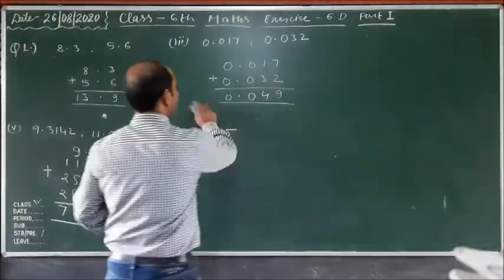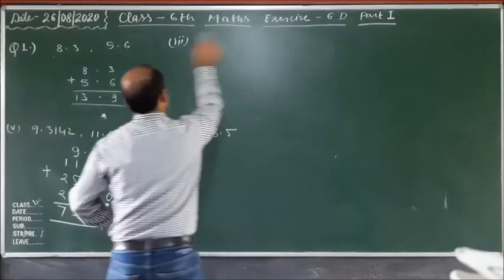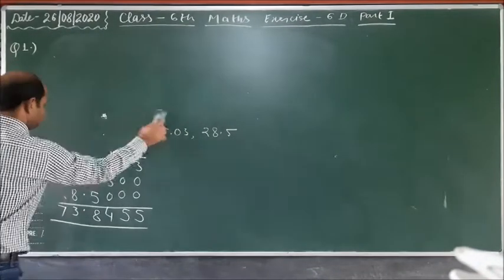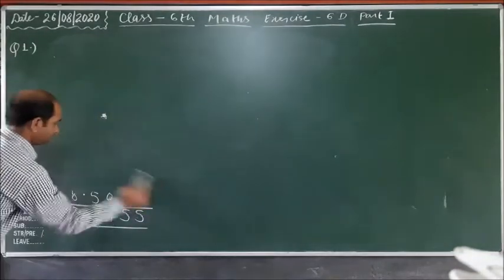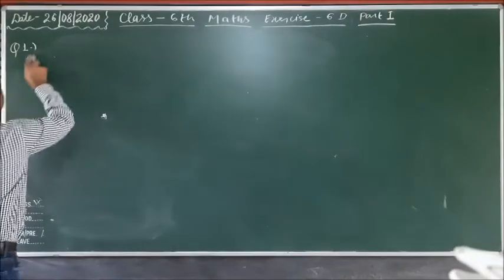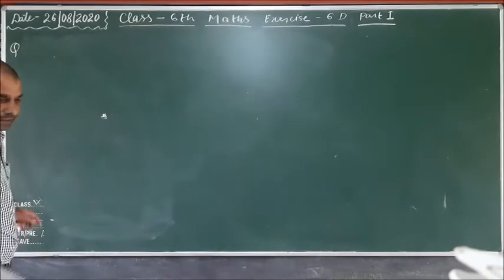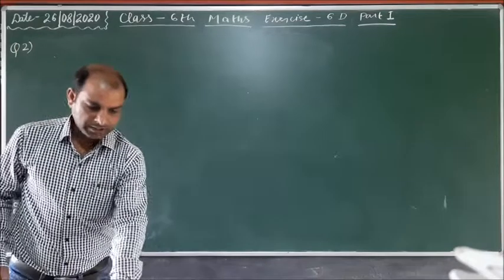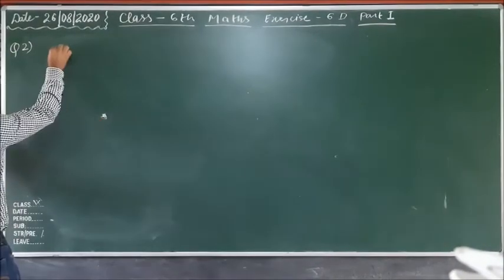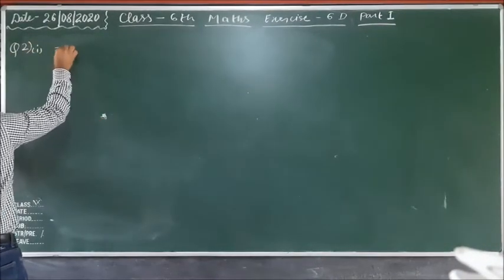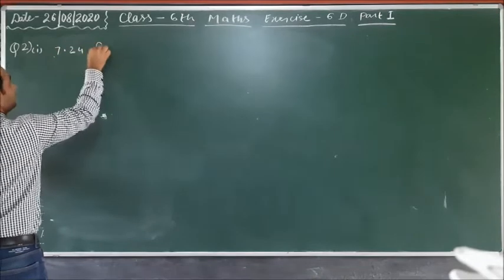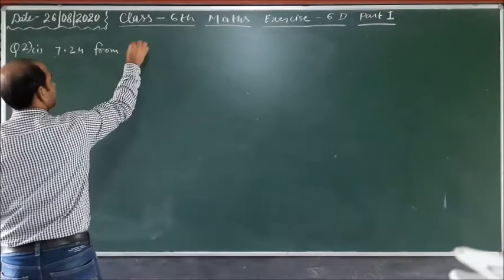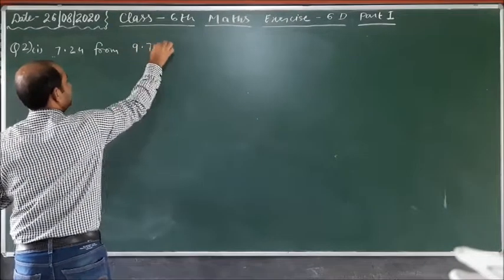Now the question number second is subtract. First question, 7.24 from 9.75.